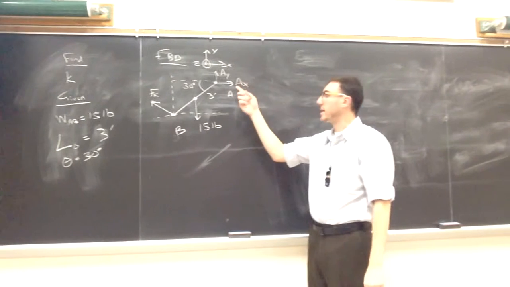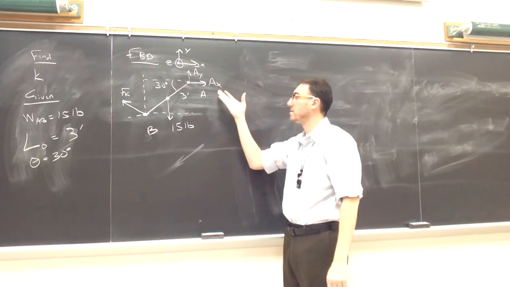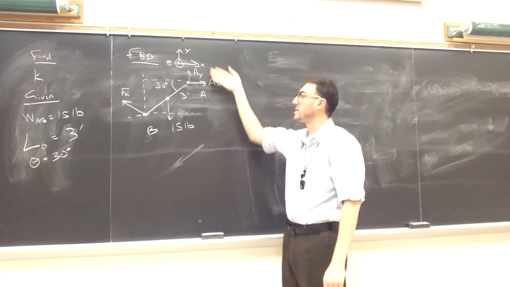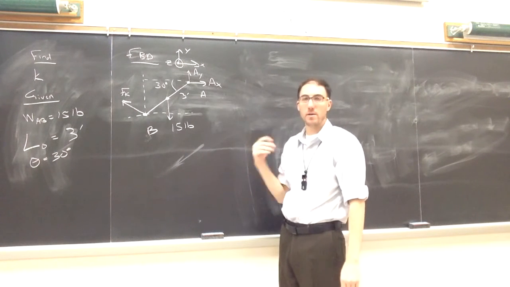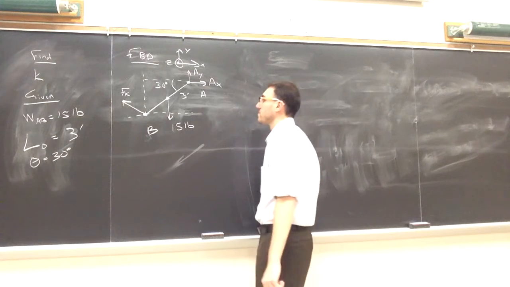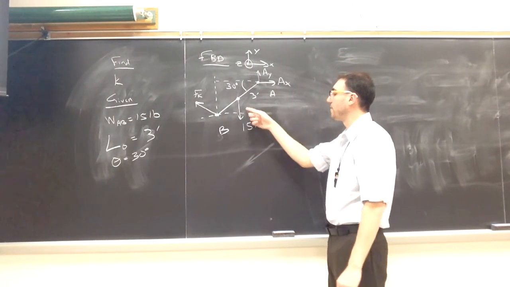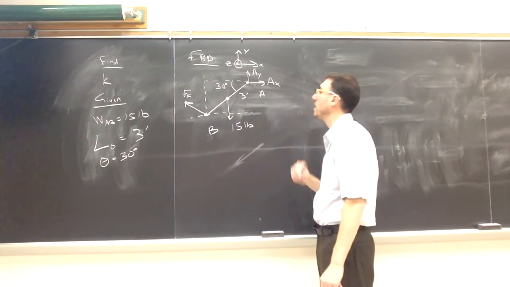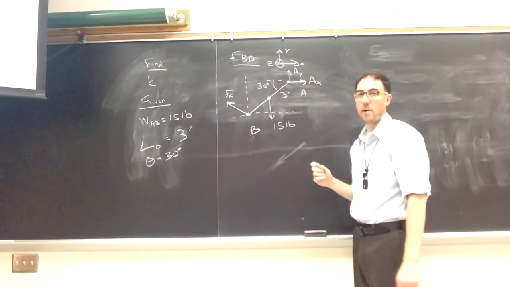They're not necessarily in the positive x and positive y, but I find it easiest for consistency to just follow the same direction as my coordinate system. So we have the force of 15 from the weight, the force from the spring, and the forces AX and AY.